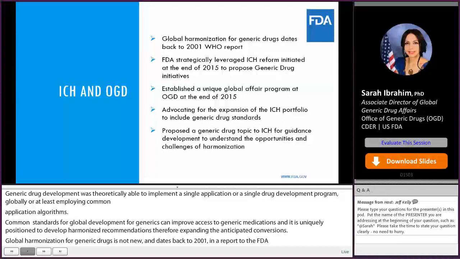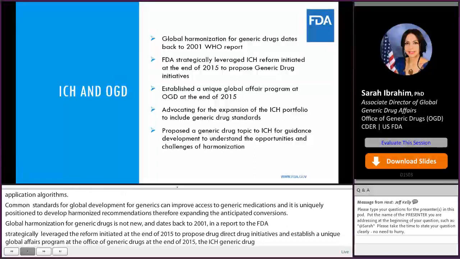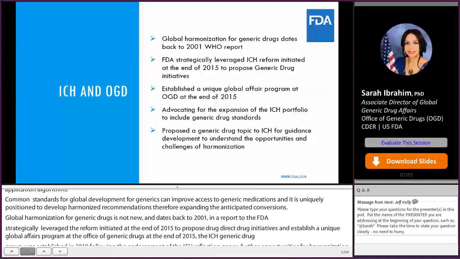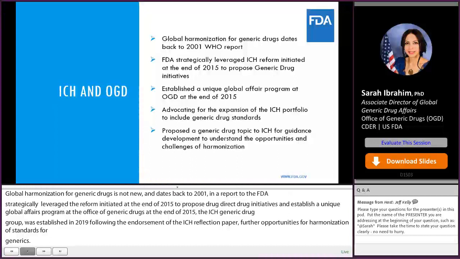The ICH Generic Drug Group, or GDG, was established in 2019 following endorsement of the ICH reflection paper, Further Opportunities for Harmonization of Standards for Generics. The ICH GDG serves as a technical discussion group for issues relevant to harmonization of scientific and technical standards for generic drugs, recommends areas for harmonization under ICH, and assesses the feasibility and impact of harmonizing efforts, and to further ICH in identifying recommended topic areas for harmonization.